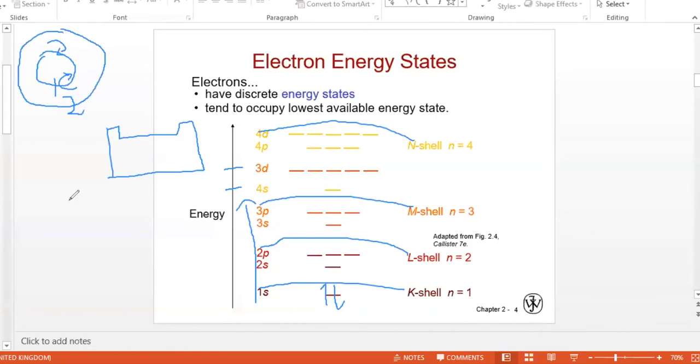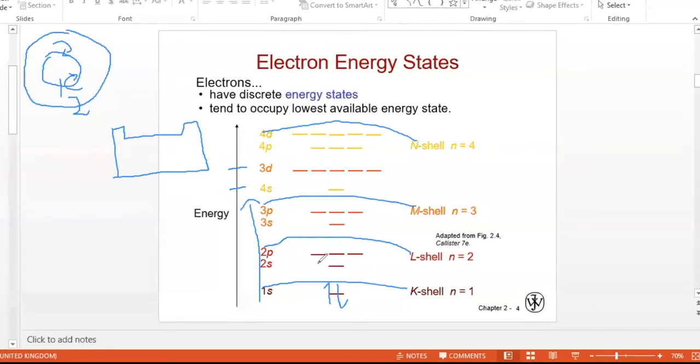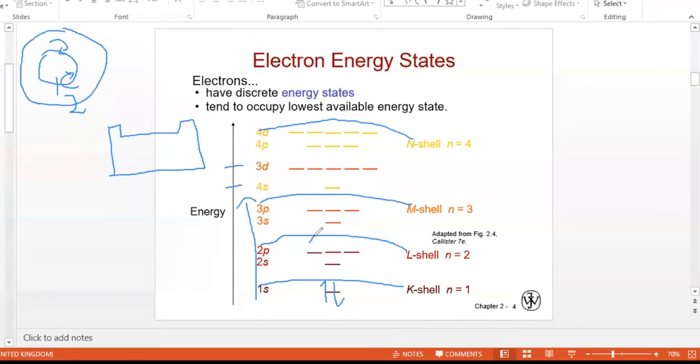So they are a pair. If it is s electrons, then we will have maximum 2. If it is p, then we have 1, 2, 3, 4, 5, 6. So in the p orbital we have 6.